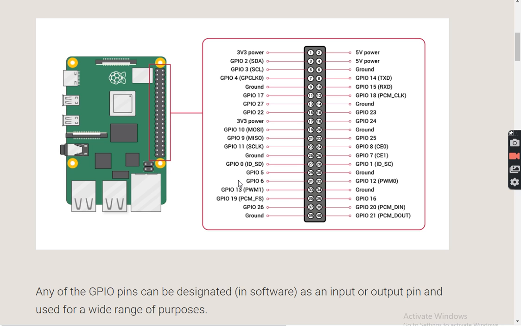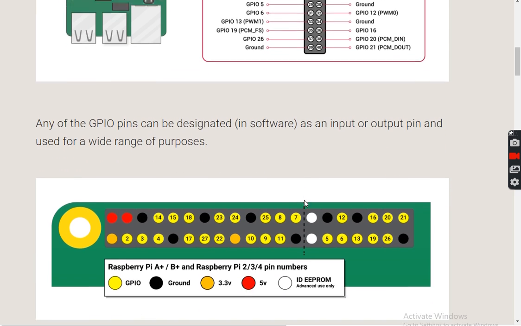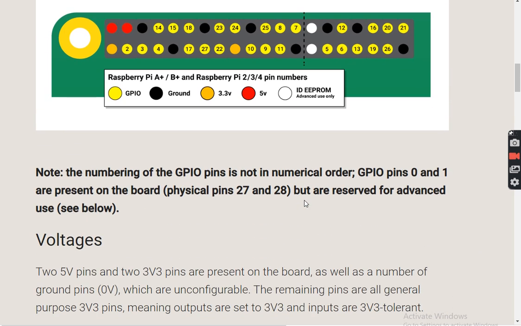Okay, so MCP 3004 will be taken, the output will be taken, and that will be connected to MOSI and MISO. These are the pins that will be used for SPI interfacing, that is serial peripheral interfacing. So each one of the pins we will get to know.